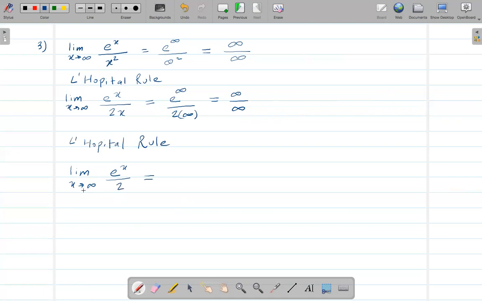So after this, as x goes to infinity, we have e to the power infinity over 2. On the top we have infinity, and infinity divided by 2 is still infinity. All right, so probably you guys understand the idea, right?